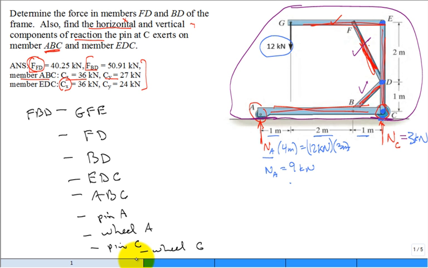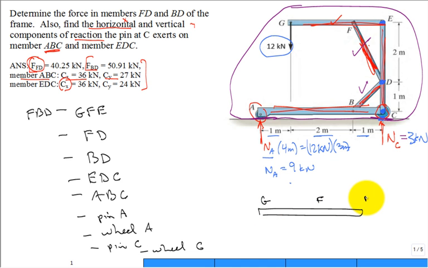Okay, let's take a look at probably the easiest one, this horizontal member. I'm just going to sketch that horizontal member at G, then we have F, and then we have E. And what do we have? We have our load of 12 kilonewtons.